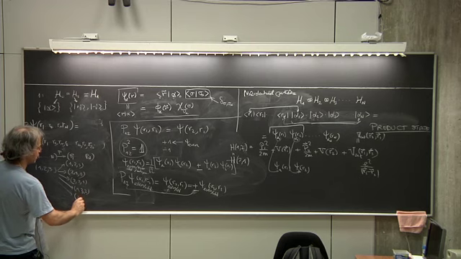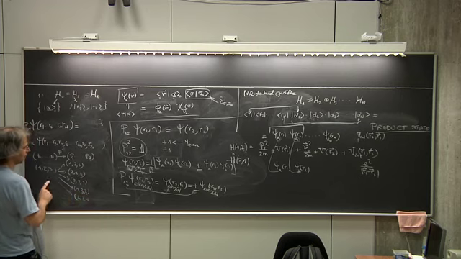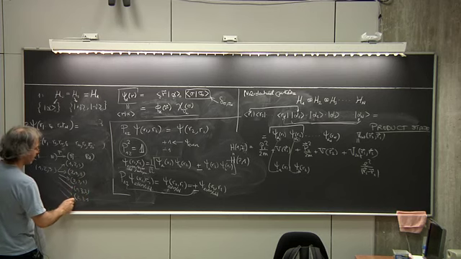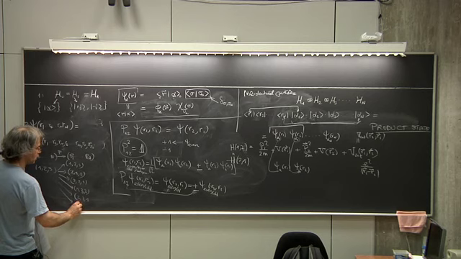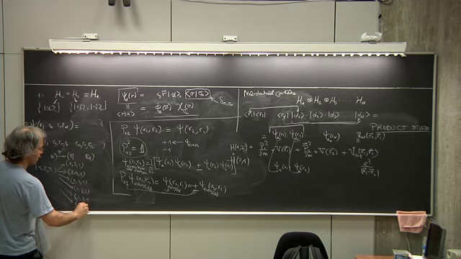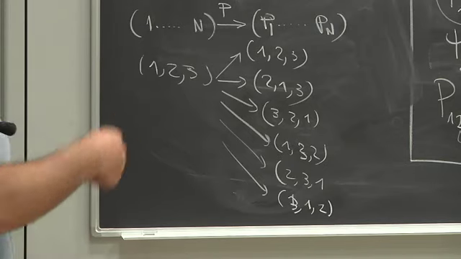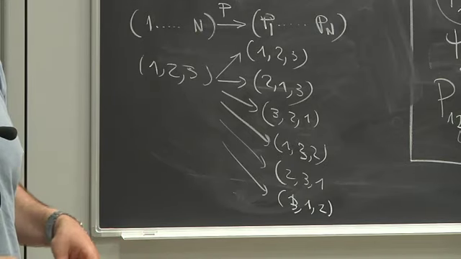For instance, 2, 3, 1, okay? So 1 goes into 2, 2 into 3, and 3 into 1, the cyclic one, and finally the anti-cyclic one, where 1 goes into 3, 2 goes into 1, and 3 goes into 2, okay? So these are the 6 possible things. For n, it's n factorial, a large number, okay?